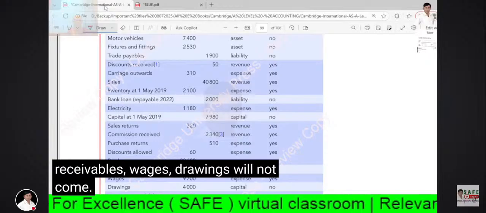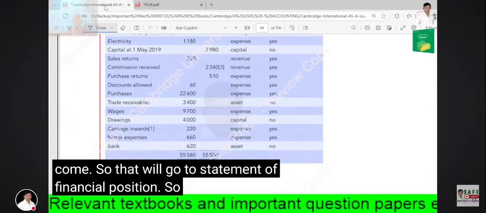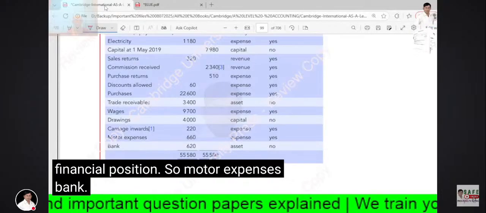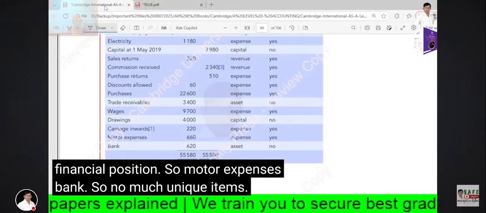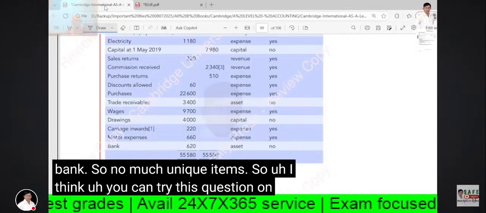Drawings will not come, that will go to the statement of financial position. Motor expenses are back. So there are not many unique items, so I think you can try this question on your own.